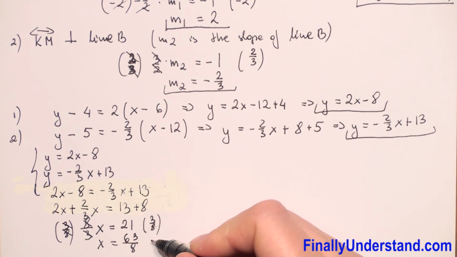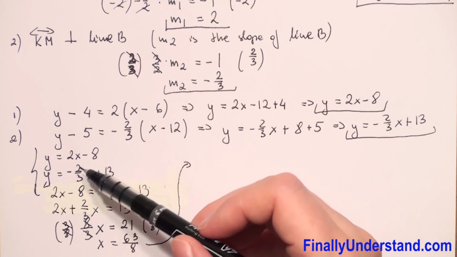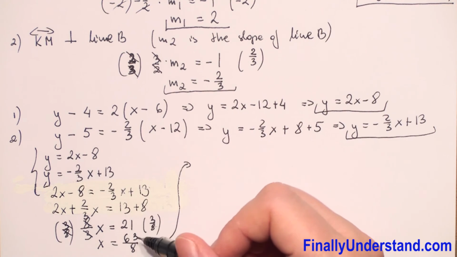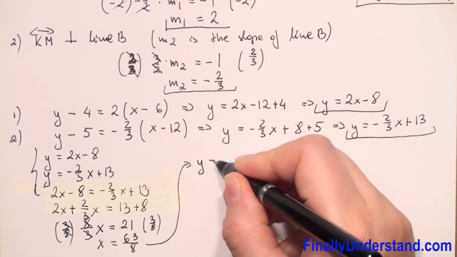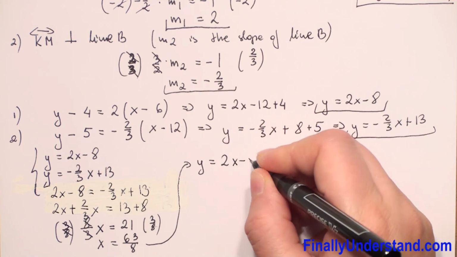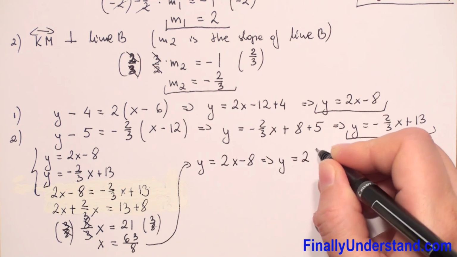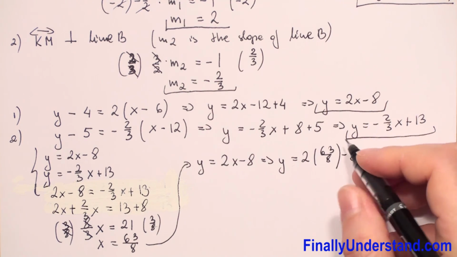And now when we have x, we will find y. I will substitute x in the first equation by 63 over 8, so we have y is equal to, let me copy first, 2x minus 8, so y is equal to 2 times 63 over 8 minus 8.